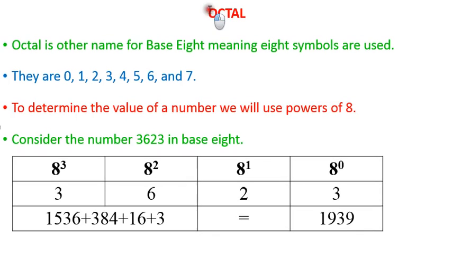So the next thing is base 8, which is the octal number system, and this simply means that we represent our numbers using 8 symbols. And what are the symbols? Look at them. We start from 0, 1, 2, 3, 4, 5, 6, and 7.